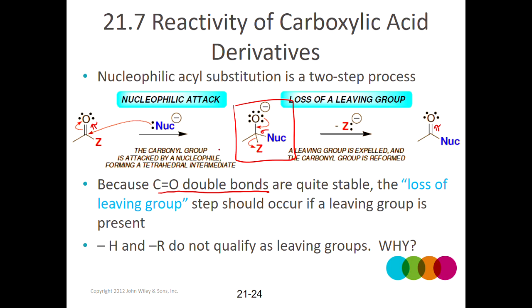But when the nucleophile comes in, you're converting two separate molecules or moles into one mole. So from an entropy perspective, just having it come in and form a new sigma bond, that's nice because sigma bonds are more stable than pi bonds in general.